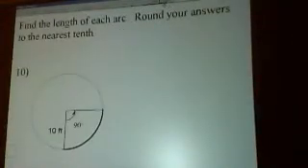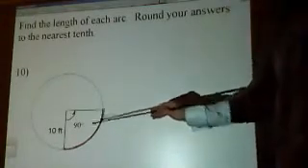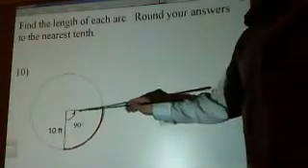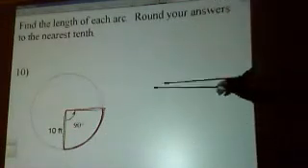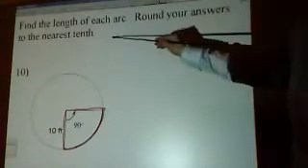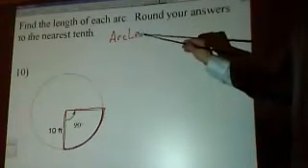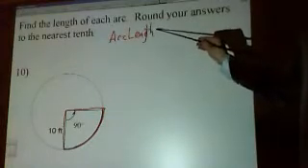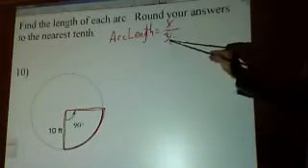Let's try the next one. It gets easier to visualize when you see that. In this case, we have arc length equals x degrees over 360.